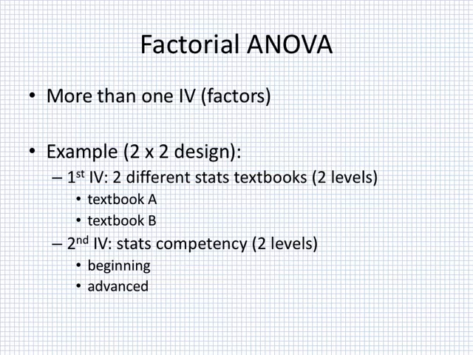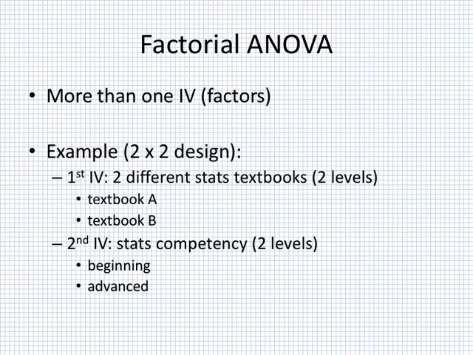For example, when we talked about stats exams, we talked about the IV being using textbook A or textbook B, so that we're just comparing differences on that. And so, for example, in Factorial ANOVA, we introduce another IV.